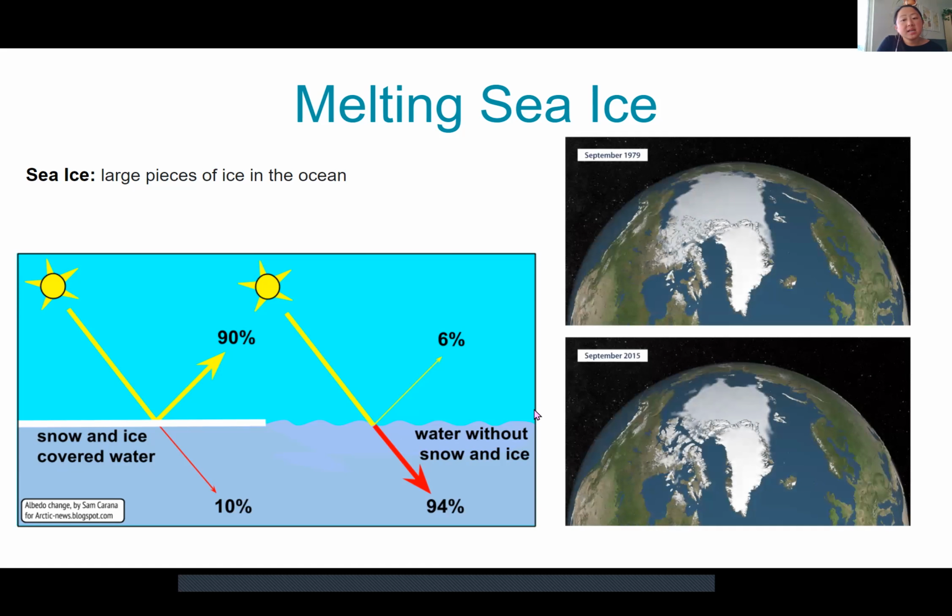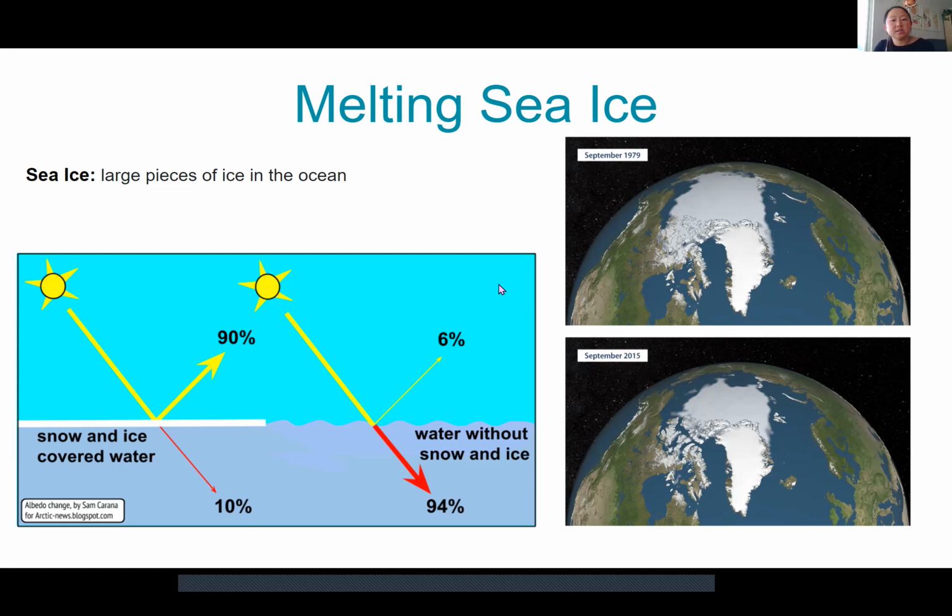So sea ice has been rapidly disappearing. You can see this image taken aerially from 1979 to 2017, so that's nearly 40 years in time. You can see the sea ice that exists between all of these many islands in Canada. The sea ice is disappearing and receding really quickly.